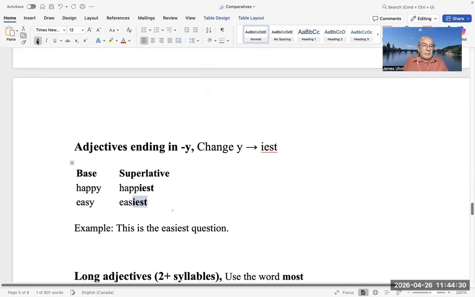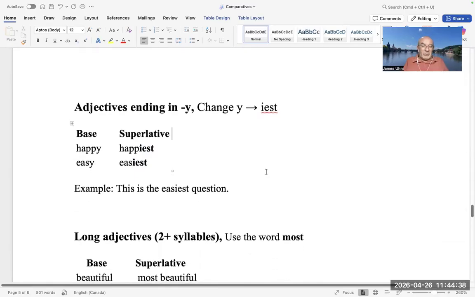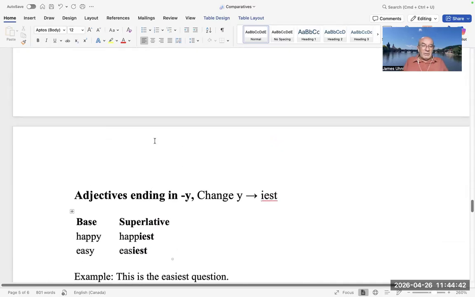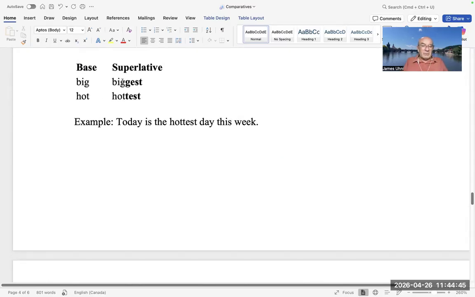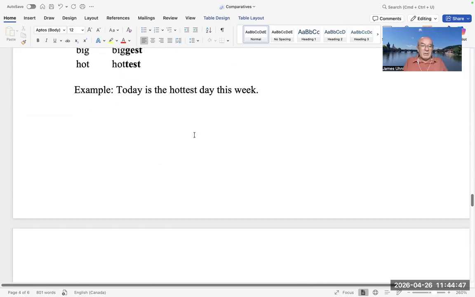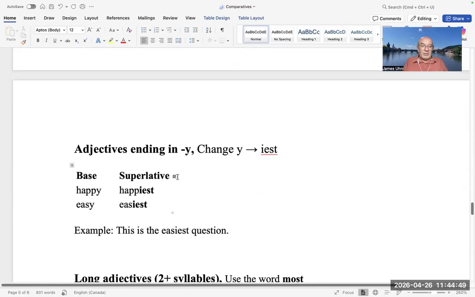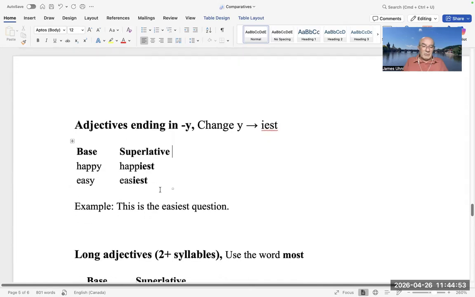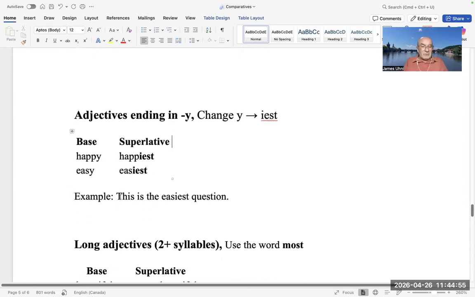Now, like I said, if you will look at the alphabet again to learn to understand the proper spelling, that will help you a lot to understand why do we have double consonant over here, plus est, why do we change y into I plus est. This is only about superlatives. So this is the easiest question.